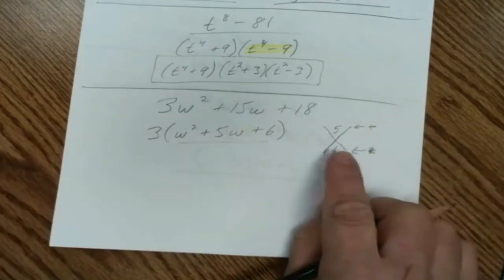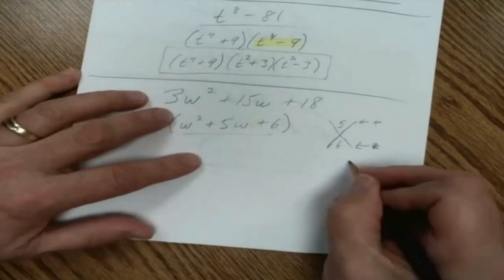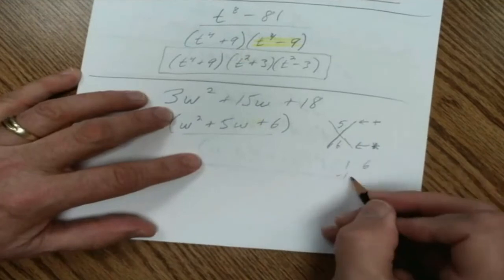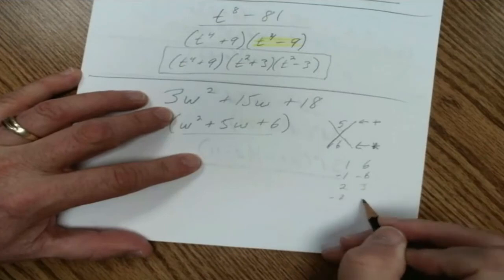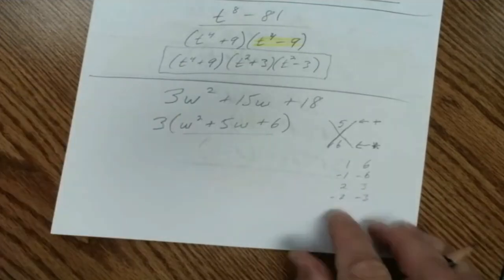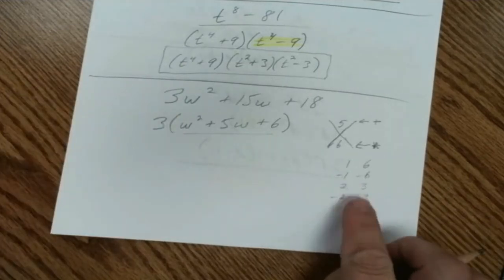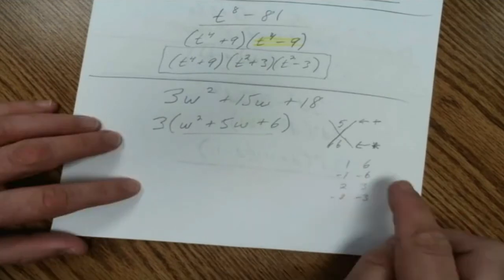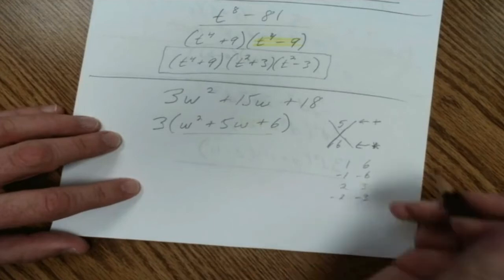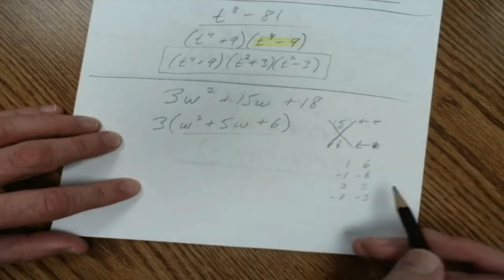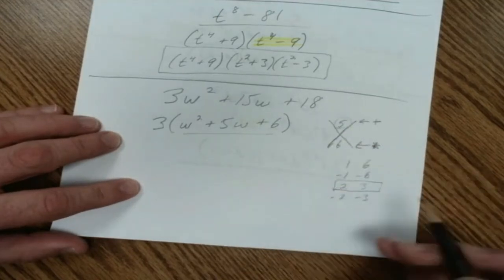So what numbers multiply to be 6? Well, let's see, 1 and 6, -1 and -6, 2 and 3, -2 and -3. Those are all numbers that can be multiplied together to be 6. So it could be any of these, but there's only one set of those numbers that add together to be a positive 5. 2 plus 3.